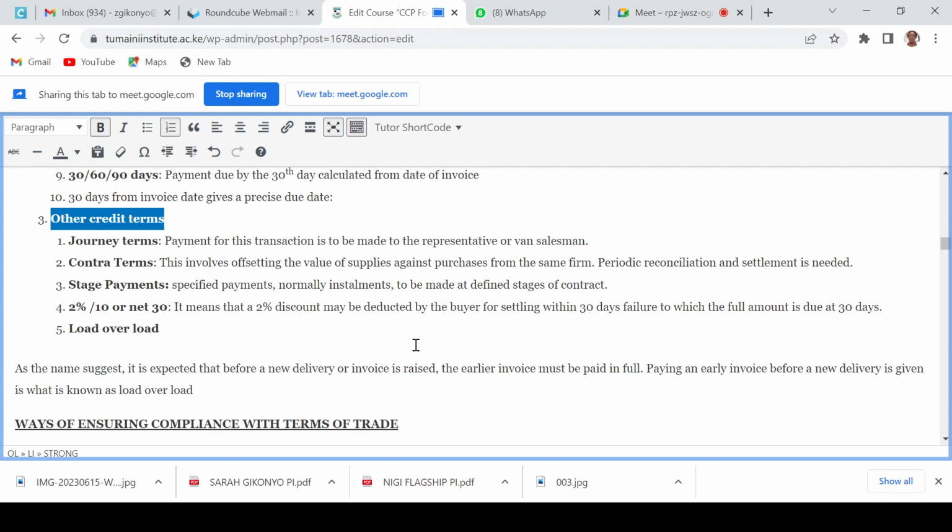You can be billed last week, but your goods are on the road before they are delivered, and then delivered today. On the day they are delivered, the invoice will read that the goods were taken last week on the 2nd. So that is when you pay. It is as if you have been enjoying credit terms, only that the goods were in transit. So journey terms just tell you to pay the van salesperson when they bring the goods, whichever date the goods were billed. It is when they are on safari, on credit on safari. When they reach you, you make a payment.